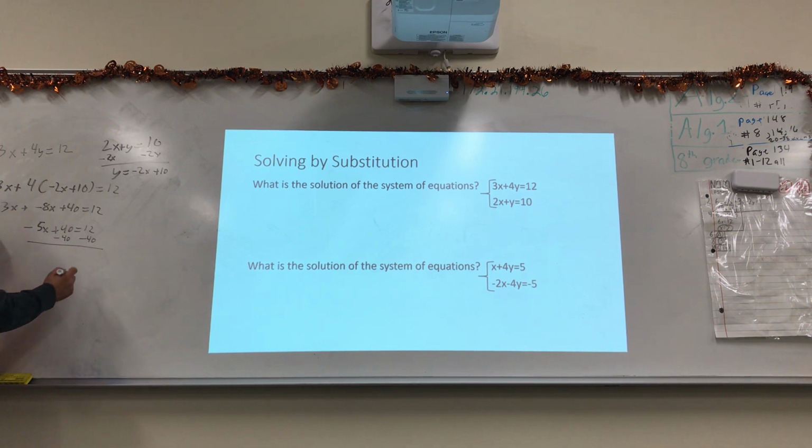At that point, we're going to get negative 28, so negative 5x equals negative 28, divided by negative 5, divided by negative 5, x equals 28 over 5. Okay? There, you can do it that way.